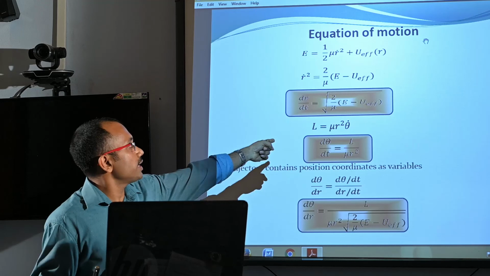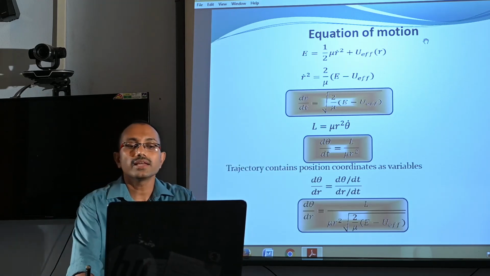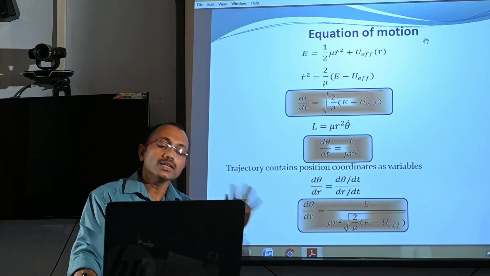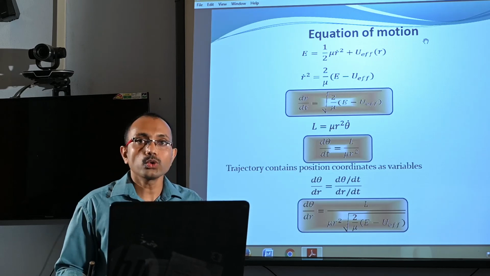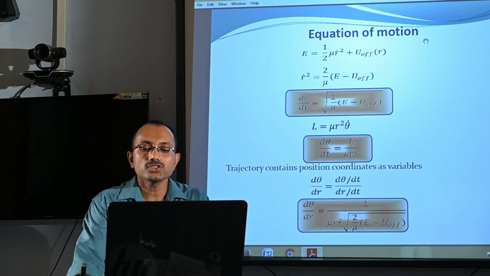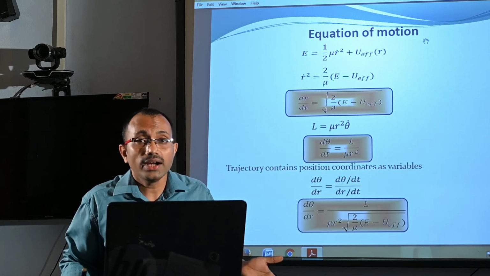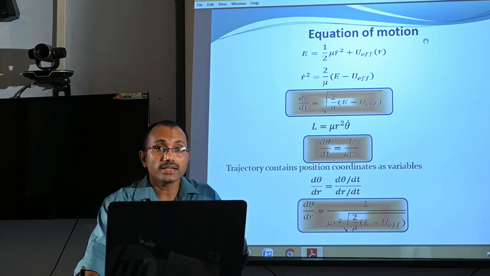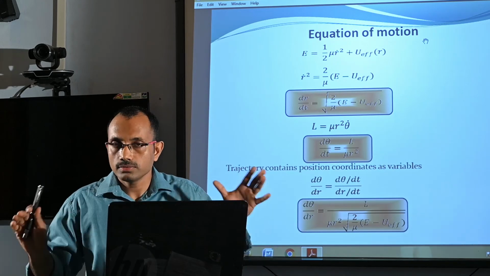We know d theta by dt is L by mu r square, and dr by dt is the root of 2 by mu times E minus u effective. Substituting those values, we get d theta by dr equal to L by mu r square divided by the root of 2 by mu times E minus u effective. Just by integrating it you will get the dependence of r and theta, which means you will get the trajectory of the motion. The trajectory means the path followed by that object.